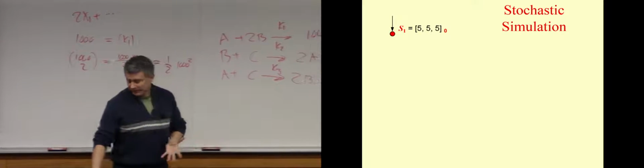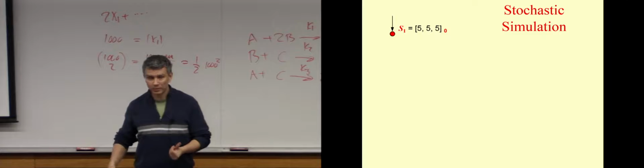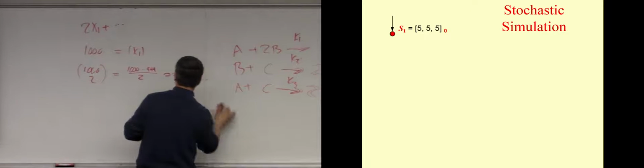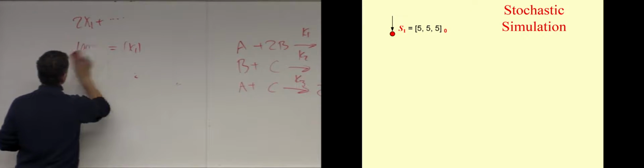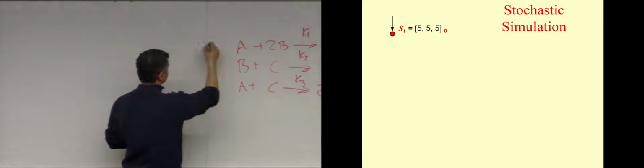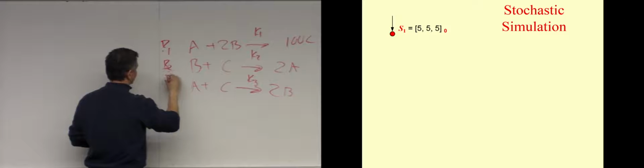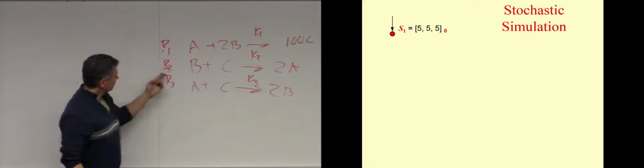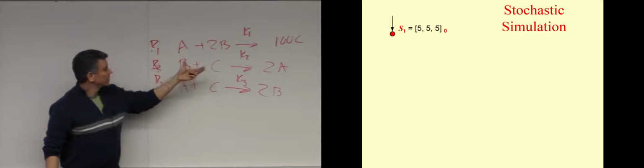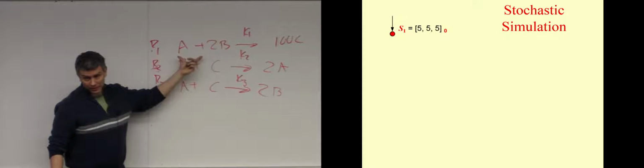Yeah, so in the previous slide, what I tried to show is the formula for computing the probability that R1 is the next reaction to fire. R1, R2, R3. On the previous slide, we had a formula for computing the probability that R1 is the next one to fire.